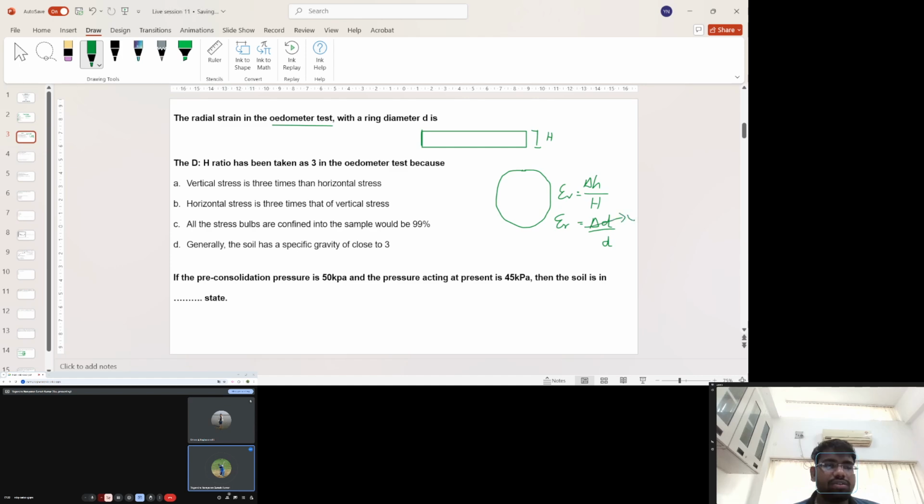Delta D will be 0, and hence the radial strain will be 0 in the case of the oedometer. All right. So radial strain is 0.